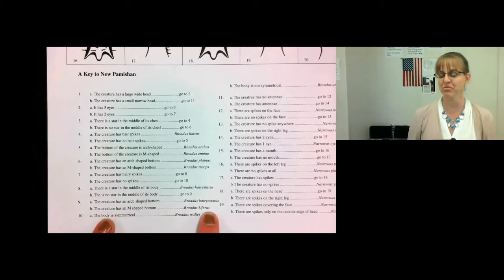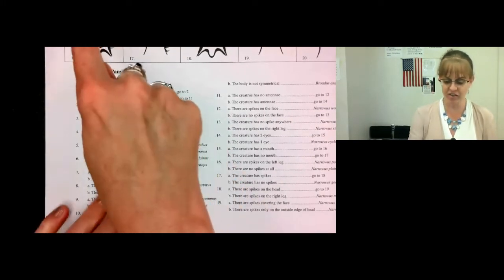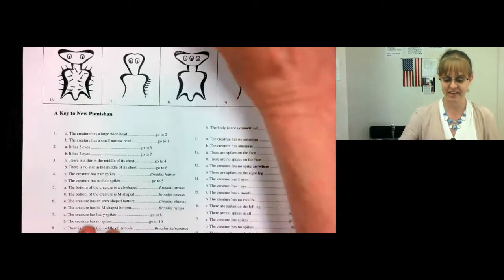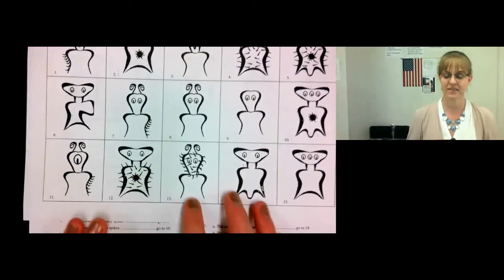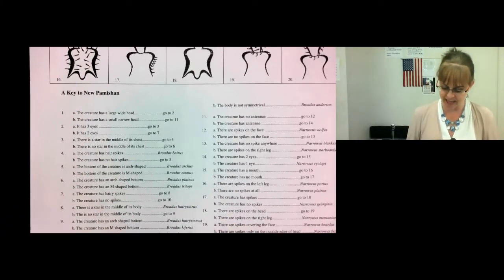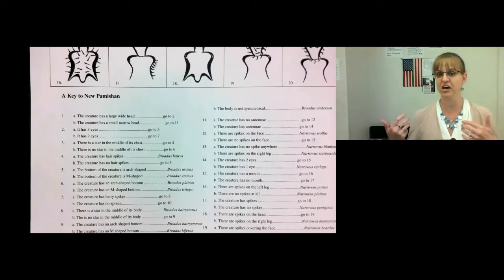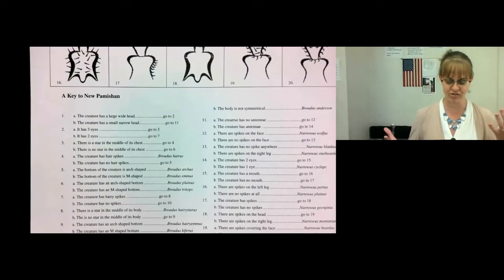Now, this is the pretend classical name where they tell you the genus and species. So, it's the genus Broadus. Notice all of the ones with the broad heads have the name Broadus. Okay? And then it gets more specific with the species. And Kyphorus is the specific species of broad-headed critters.